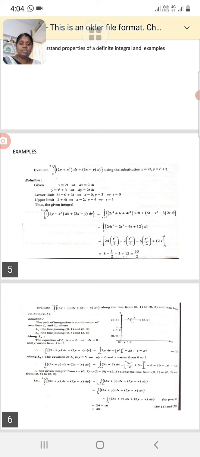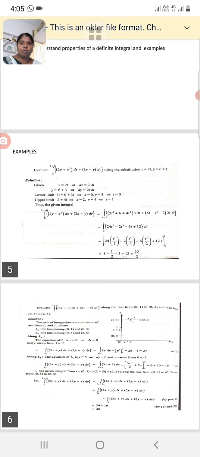Therefore, the given integral is along the line from 0 plus i to 0 plus 5i, and from 0 plus 5i to 2 plus 5i. The total path is L1 plus L2.